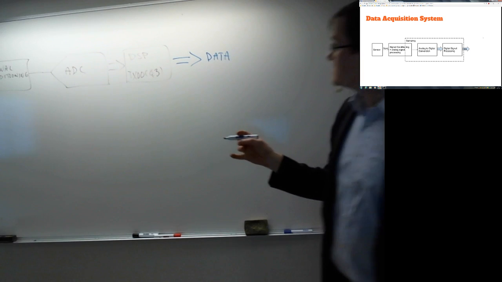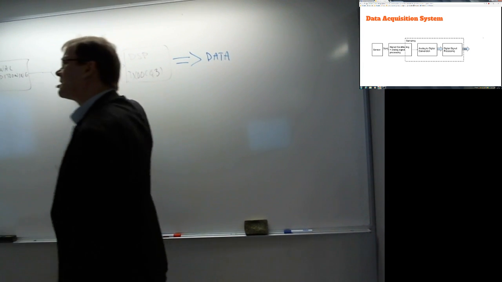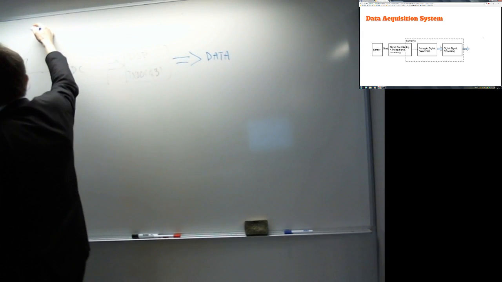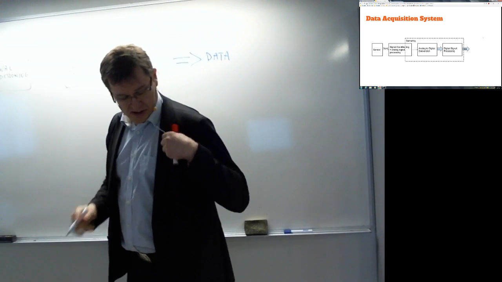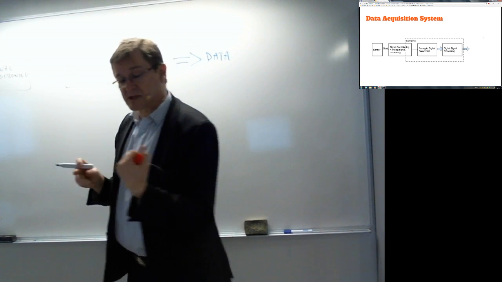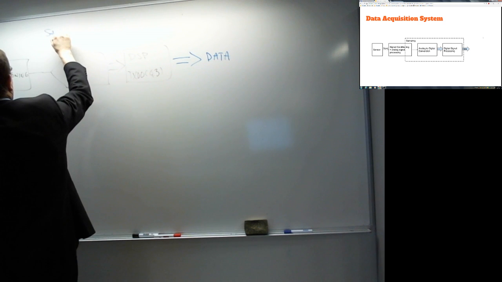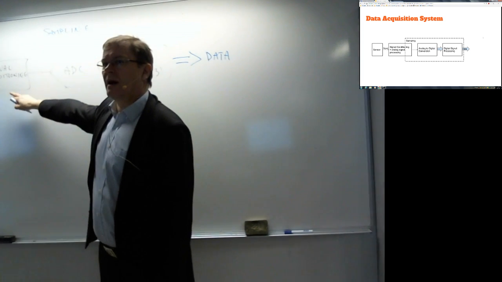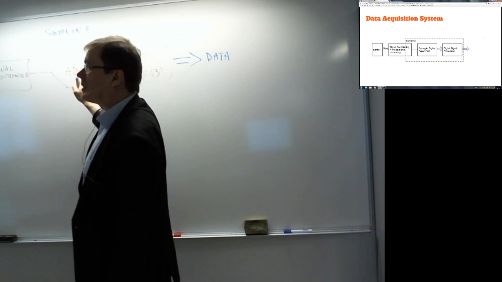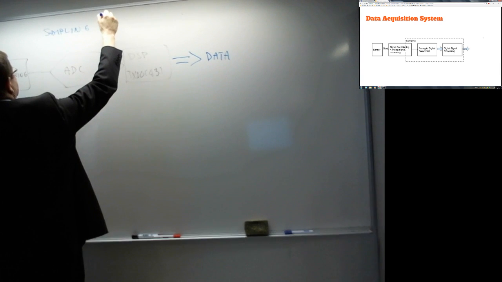At some point, in any case, as we go to the digital world, we need to do some sort of sampling. Sampling can be done either in the time domain, or in the A to D conversion, or in the digital domain.